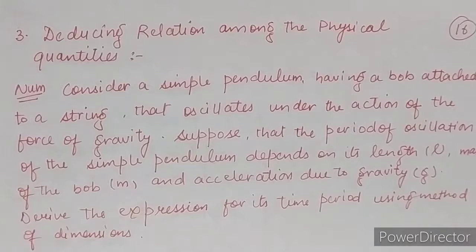Clear? So how are we going to solve this question? Just look here. First of all we have to understand which physical quantity we have to calculate, and on that quantity which other physical quantities depend.